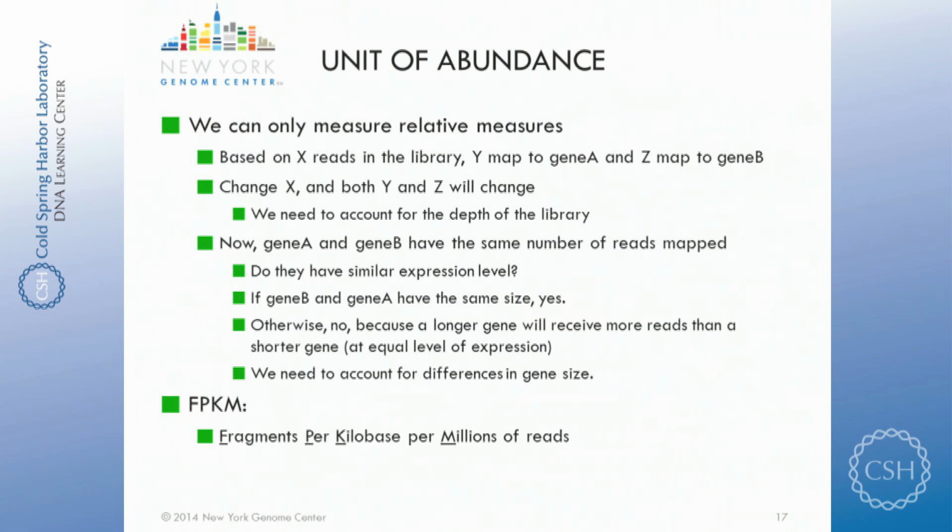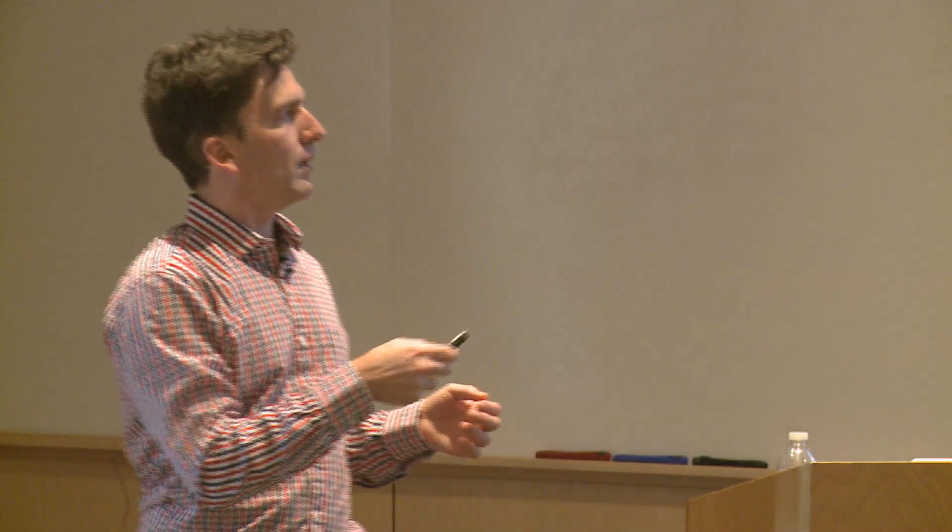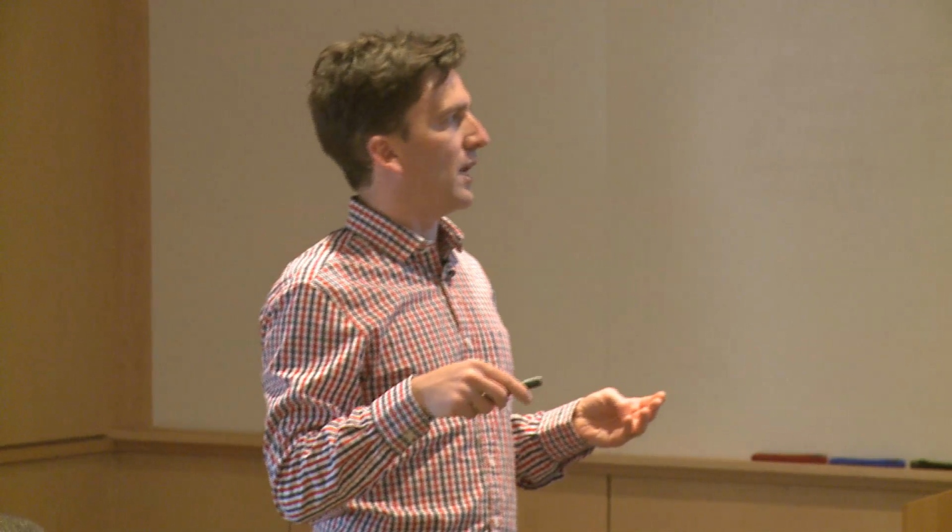So let's put transcript here. But I mean, you all know that even for two genes that have the same level of expression, there might be different transcripts. And so we need to account for the difference in the gene lengths, okay?